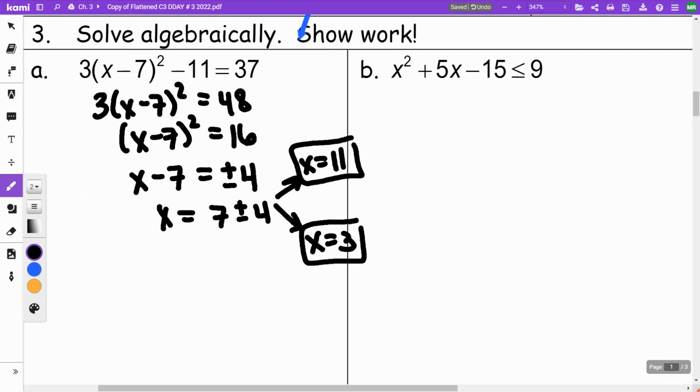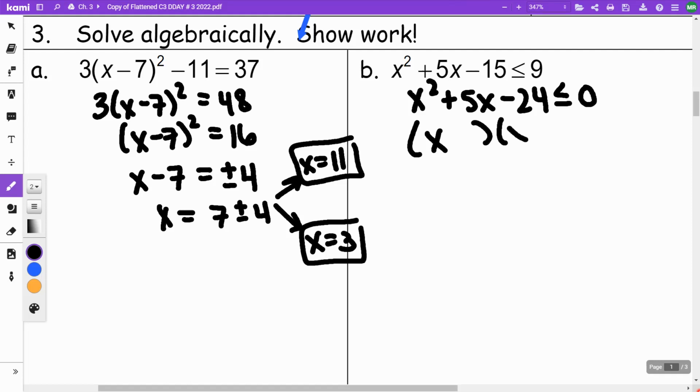On B, I'm going to get everything on one side, 0 on the other. So I'm going to minus 9, which is going to give me a negative 20, minus 24. So when I factor this, this is going to become an x plus 8, x minus 3. So I have a boundary point at -8 and a boundary point at 3.